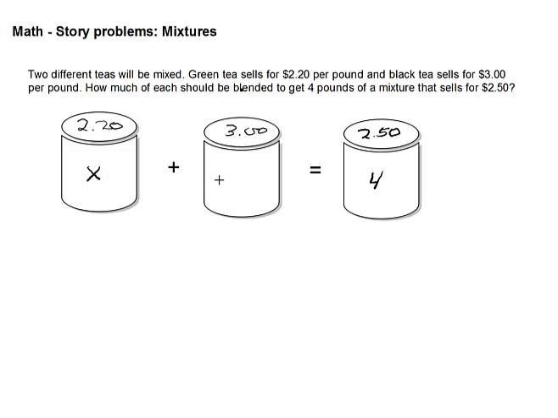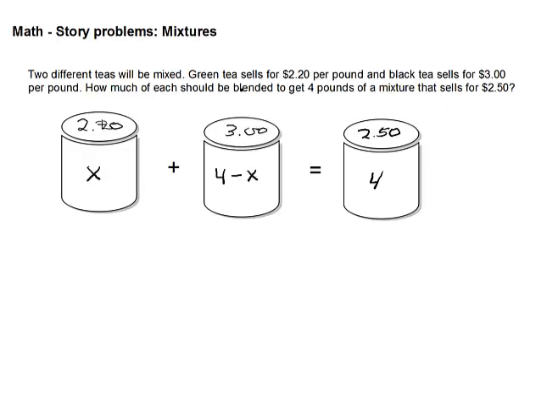What we're missing is this one. If we subtract this from the total, it will give us this. So we put 4 minus x. Once we find out what x is, subtracting it from 4 will tell us how much is here.